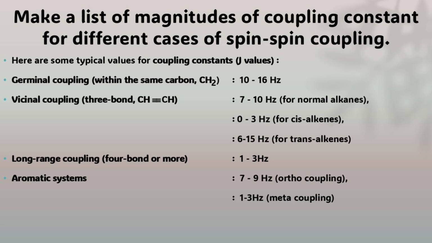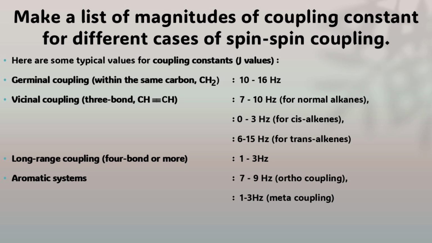The next question is question number 58. Make a list of magnitudes of coupling constant for different cases of spin-spin coupling. The answer to this question is, here are some typical values for coupling constants, J values. Geminal coupling, within the same carbon, CH2, 10 to 16 Hz.